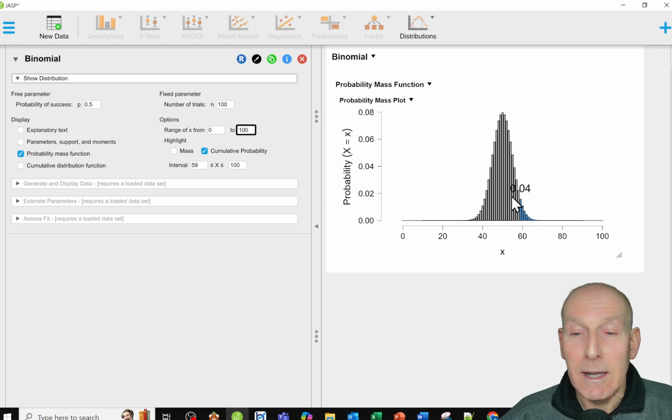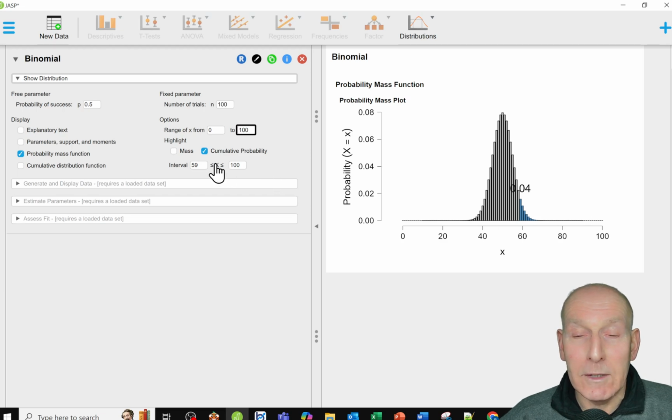In actual fact, it's the area all the way up to 100, but of course in typical fashion these probability distributions tend to go down to very small values as you go further and further away from the central value.